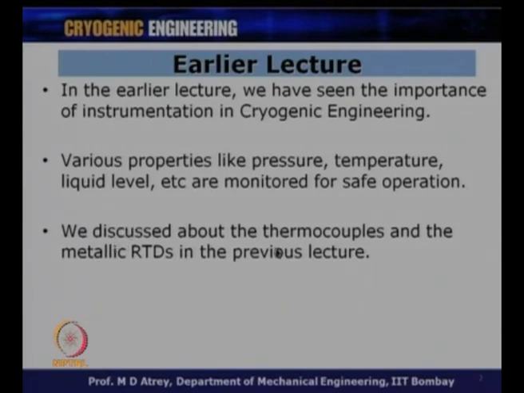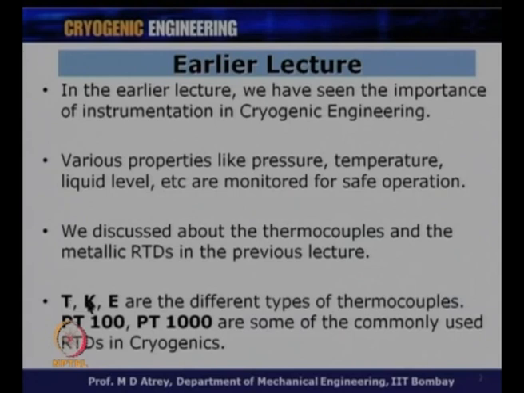We discussed thermocouples and the metallic RTD, resistance temperature dependent sensors, in the previous lecture. We found that T type, K type, and E type are the different types of thermocouples that are normally used. And we talked about platinum RTDs, PT100 and PT1000, where 100 and 1000 are the resistances of this sensor at 0 degree centigrade.